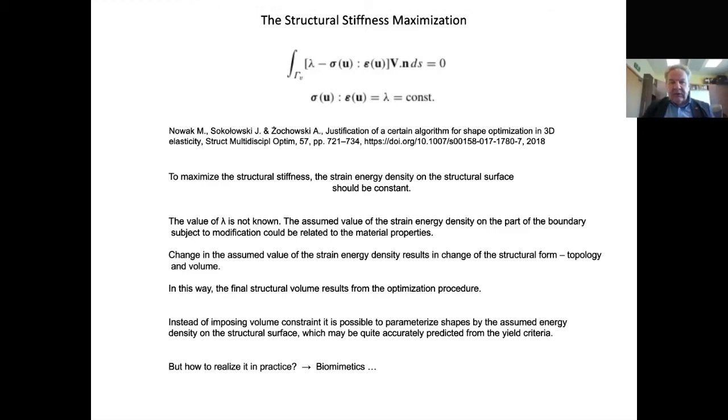So this is also important. But how to realize it in practice? This is something strange, that there is no way of writing the equation to obtain such a result.